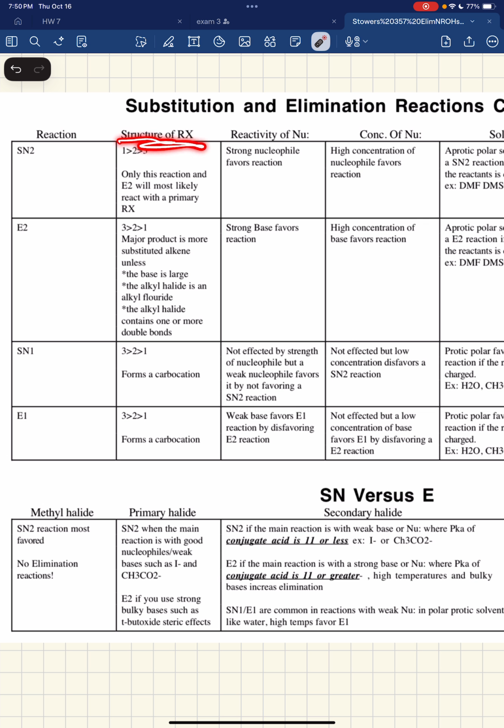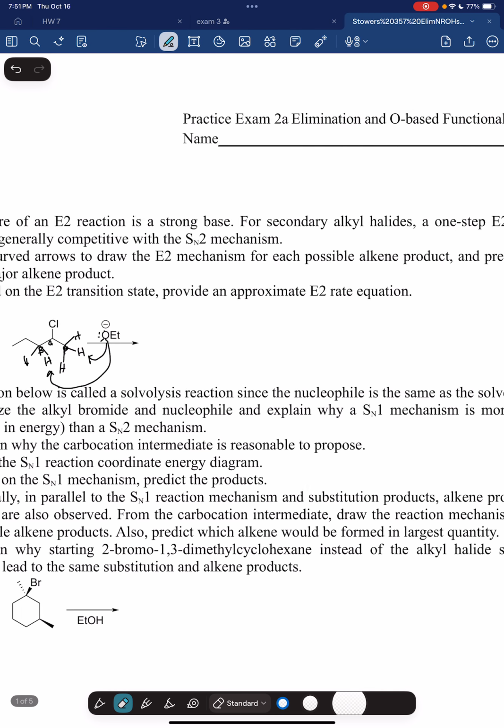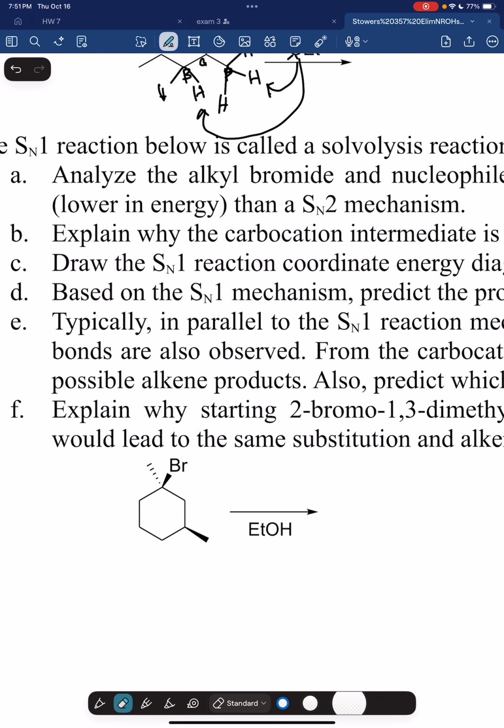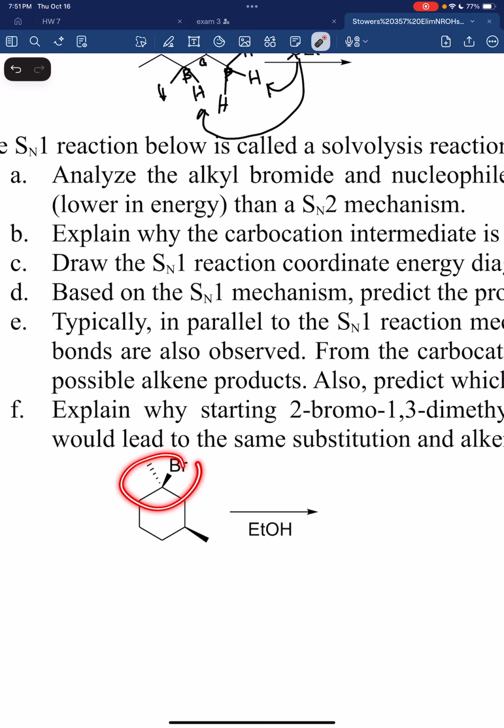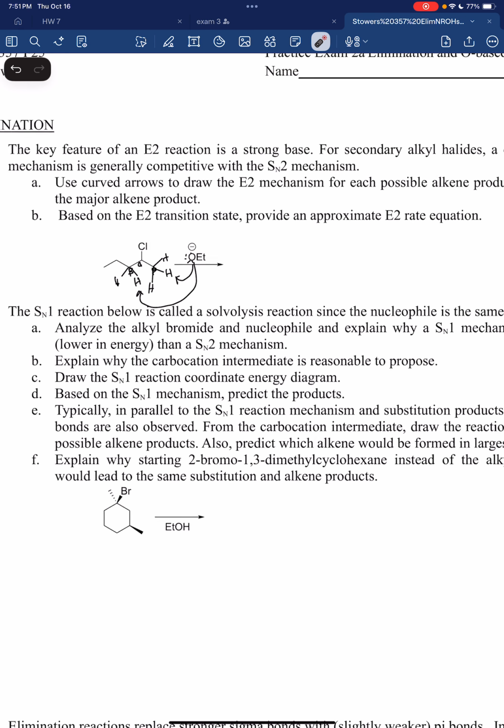Primarily, it has to do with the structure of the carbon or the organic group that you're reacting with. Tertiary is always SN1. Primary, always SN2. Primary never is going to be SN1, and tertiary is never going to be SN2. So, looking at this structure, I'm sure you guys can look at this and figure out why it would be SN1 and not SN2.